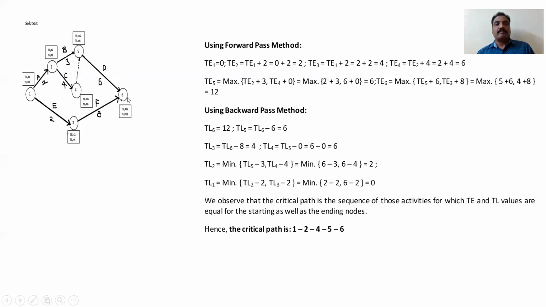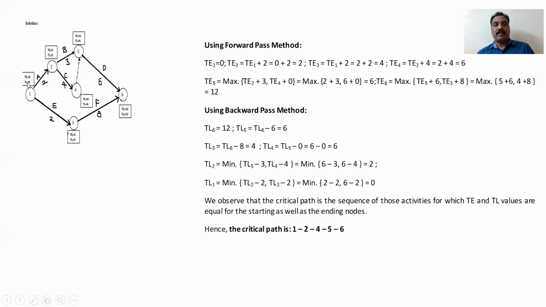Always remember the last event: the TE value and TL value for that particular node or event are equal. TE6 we got 12, so we have to keep TL6 also 12.